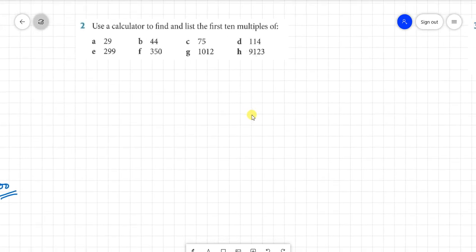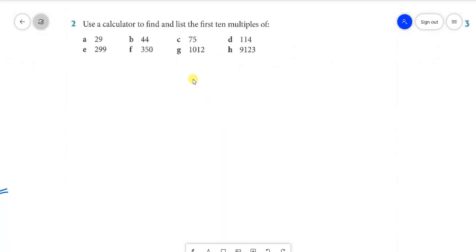Okay, it says that you can use a calculator here. So use a calculator to find and list the first 10 multiples of.